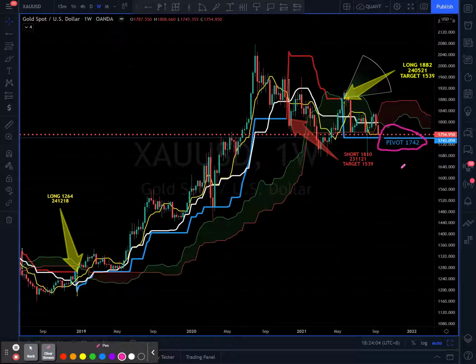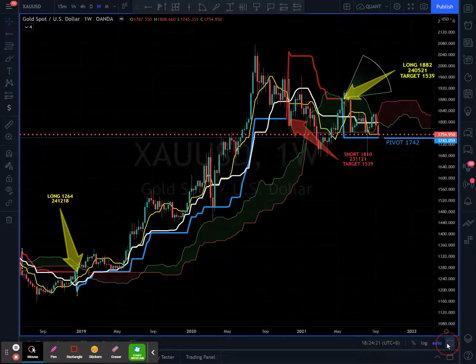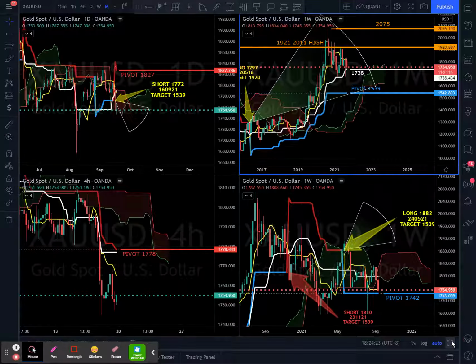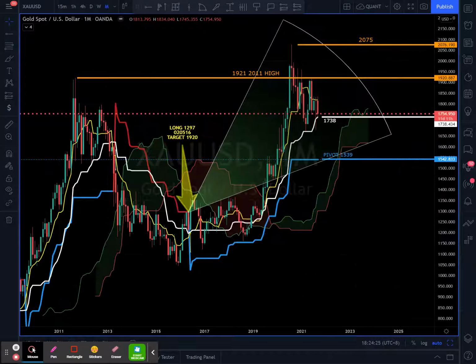We cannot break it. If we do, then we have sustained weakness below the Ichimoku, below the super trend line, and a fresh short signal right here at 1742 to test 1539, which is on the monthly charts, super trend line, which I've just covered earlier on. This particular level here at 1539.